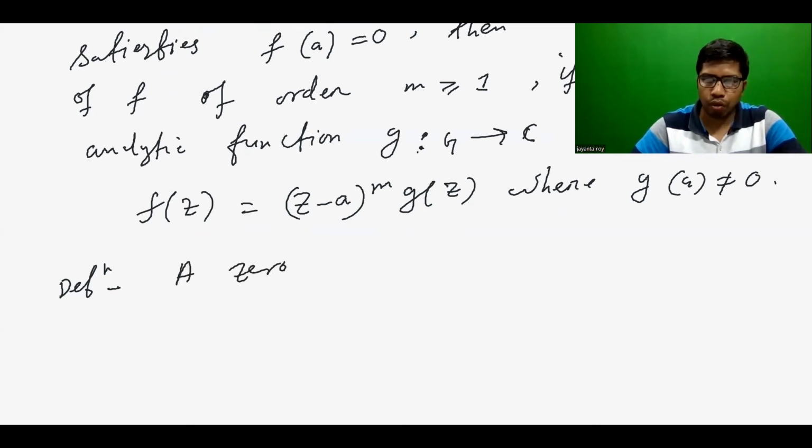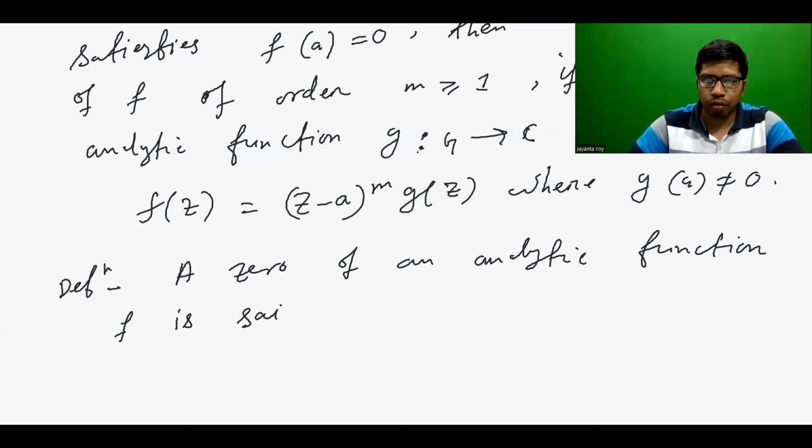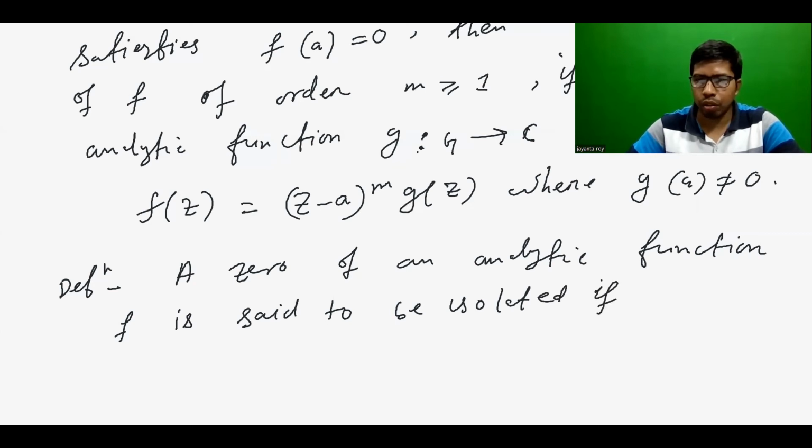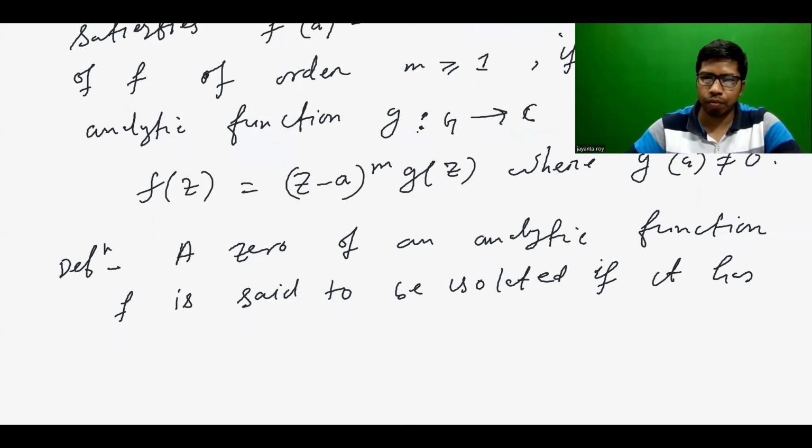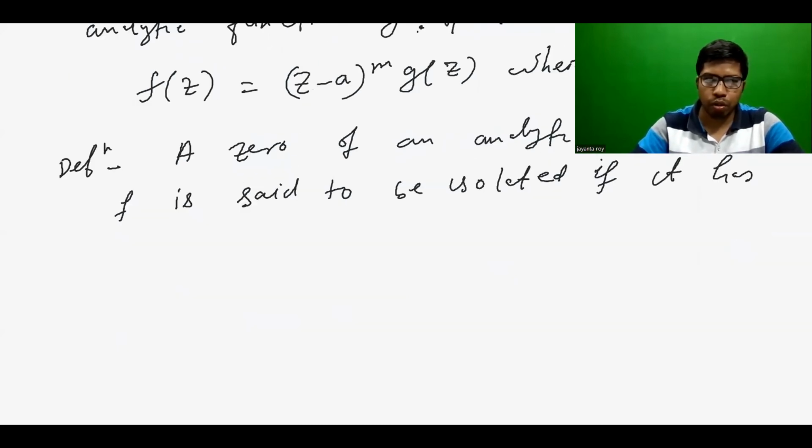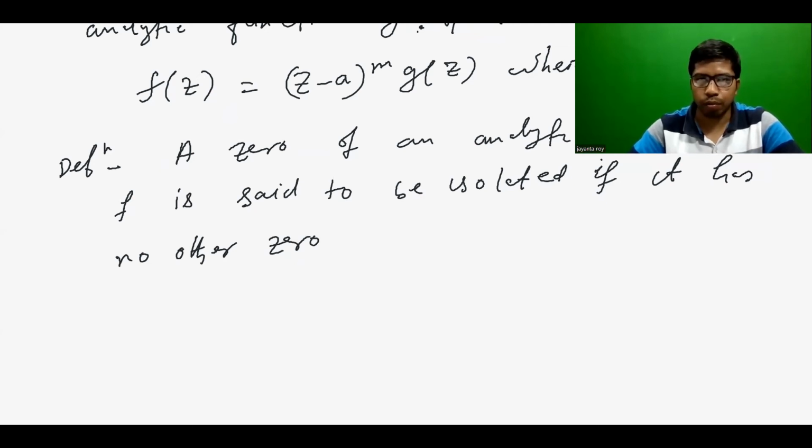A zero of an analytic function, say f, is said to be an isolated zero if it has no other zeros in the neighborhood of that zero.